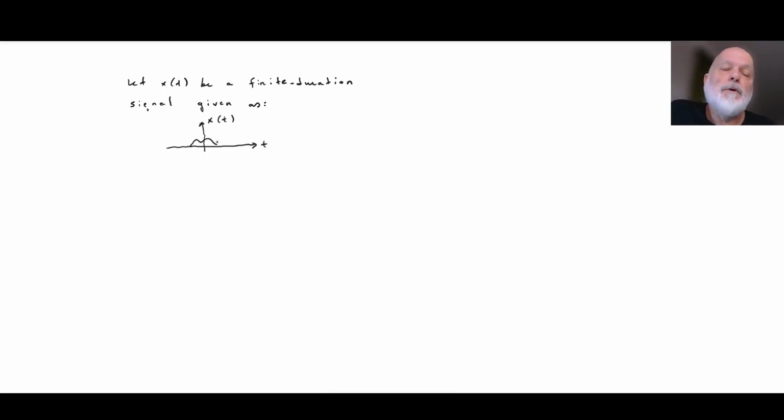Now we can obtain a periodic signal by means of the periodic extension of x of t as follows.